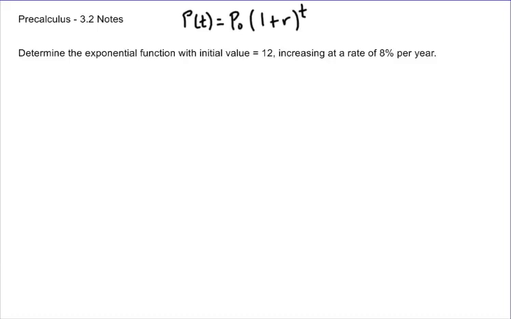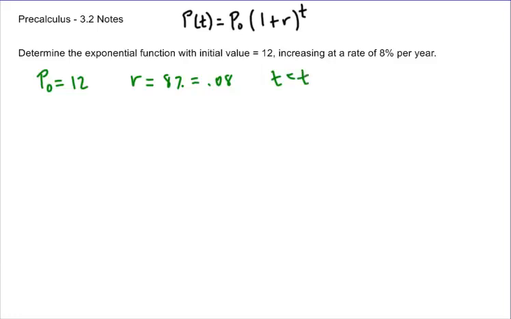Okay, so in this case, my initial population is 12. My rate is 8%, and as a decimal, we would write that as 0.08. And then t is t.